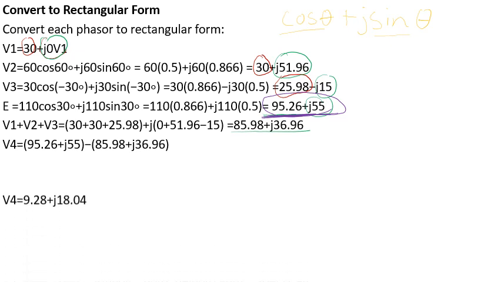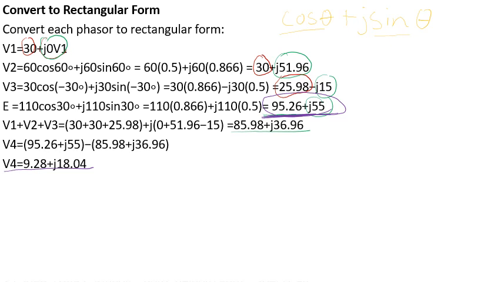Doing that, we get our final answer for V4 as 9.28 plus j18.04. They said we should find the expression for V4, but this is the expression in rectangular form. Let us also find the angle so that we can put it in sine form.